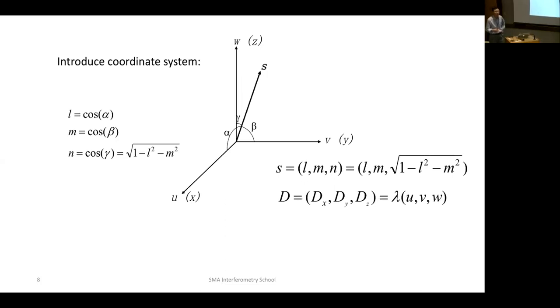So those are the three components of your baseline. And here I define u, v, and w. u is dx divided by lambda, the wavelength you observe, v is dy divided by lambda, and w is dz divided by lambda.